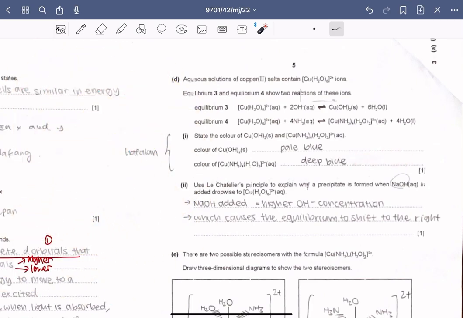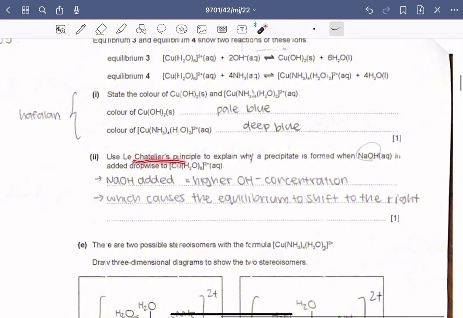Okay, part II. Use Le Chatelier's principle to explain why a precipitate forms when NaOH is added dropwise to [Cu(H2O)6]2+. So when NaOH is added, it increases the OH- concentration, which causes the equilibrium to shift to the right to balance out the increase in OH-.